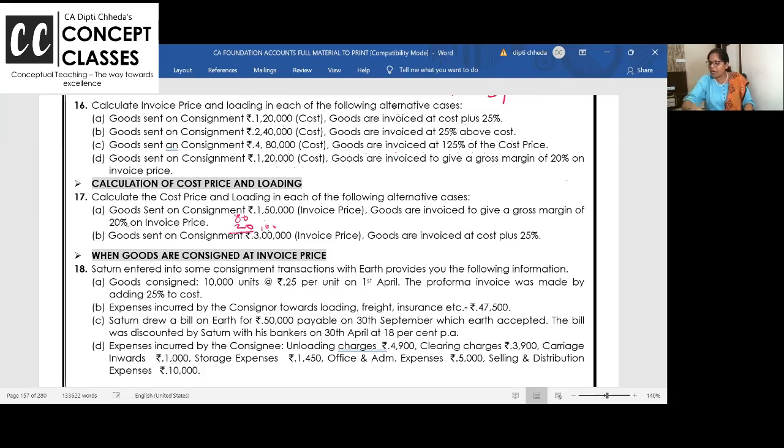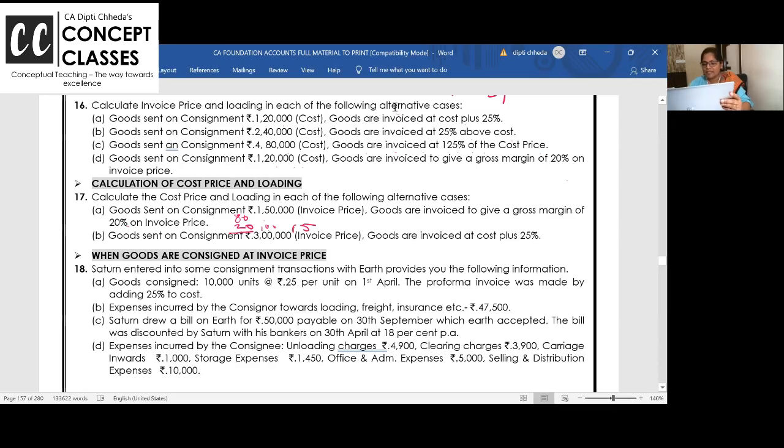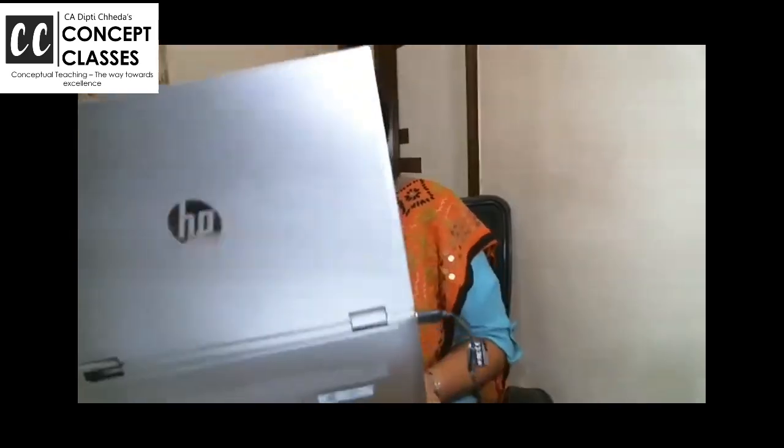So cost will be how much you will have to calculate. One second, dear students. ठीक है? With loading, is the concept clear to you?